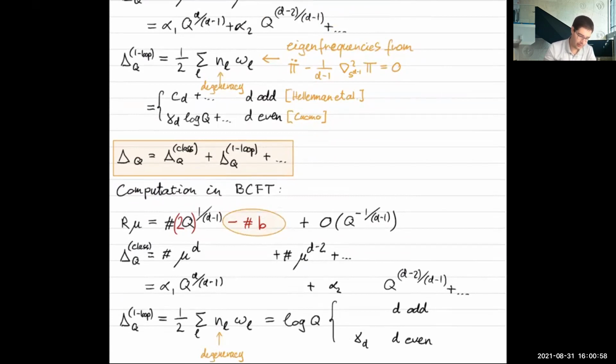Now, if we evaluate the on-shell action, then we have the 1/2 from integrating over only the hemisphere, not the full sphere, compared to the bulk case. From the boundary term in the action, we get the B times mu to the D minus 1. It's D minus 1 because it's in 1 lower dimension.